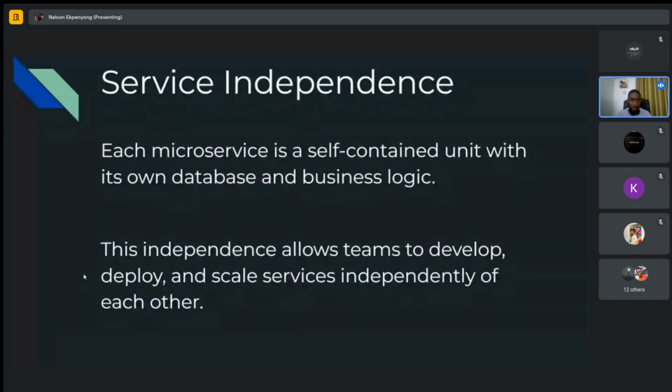The logic is very specific to what that service should do. This independence allows teams to develop, deploy, and scale services independently of each other. So in a hypothetical Jumia application with 3 services, say the product service, checkout service, and inventory service, because they are self-contained, you can deploy them individually.